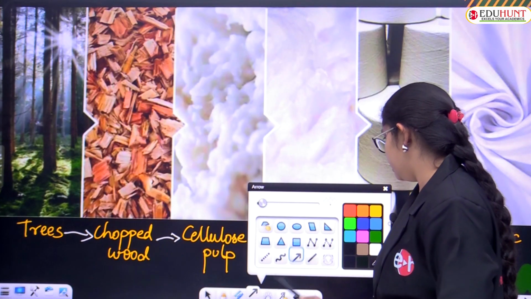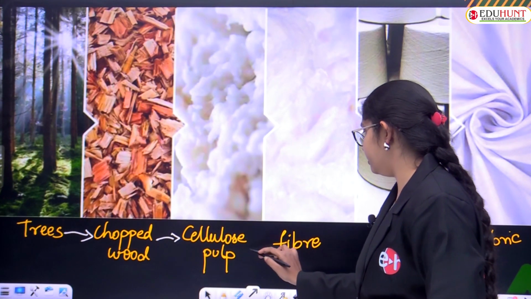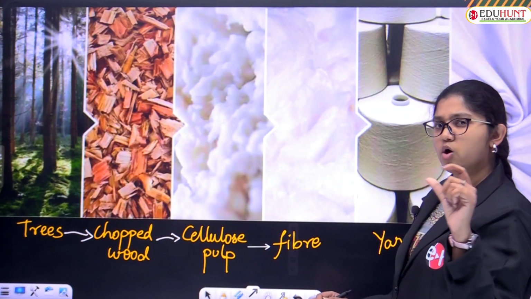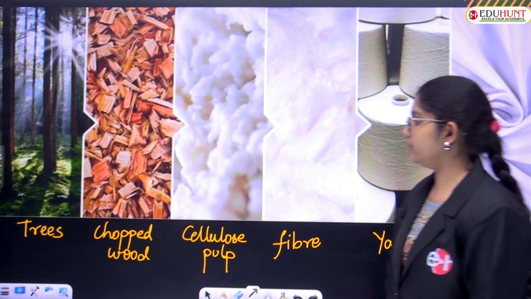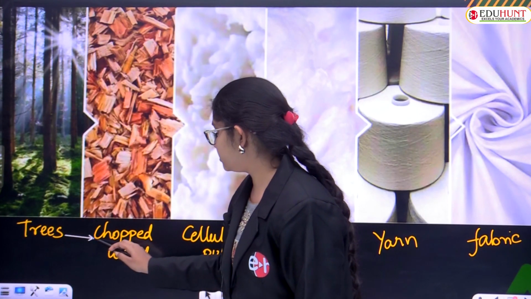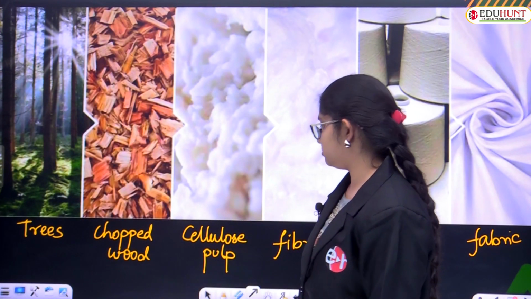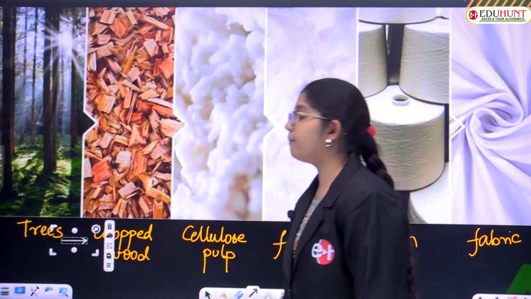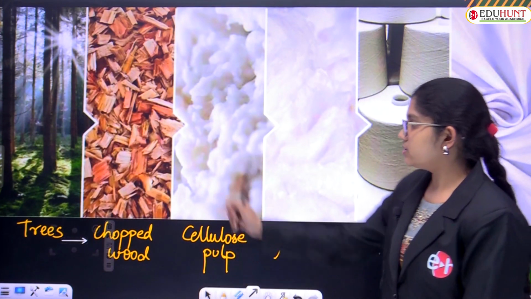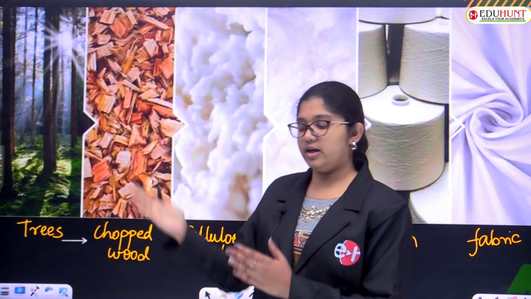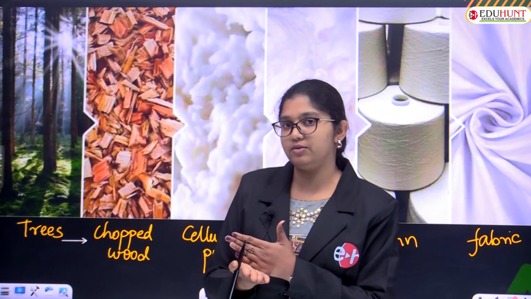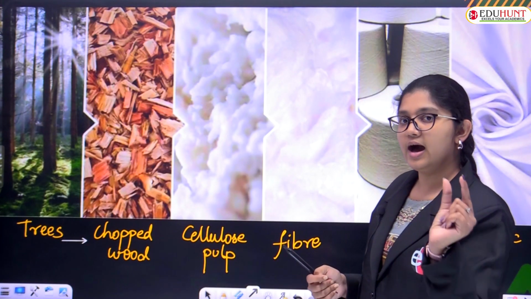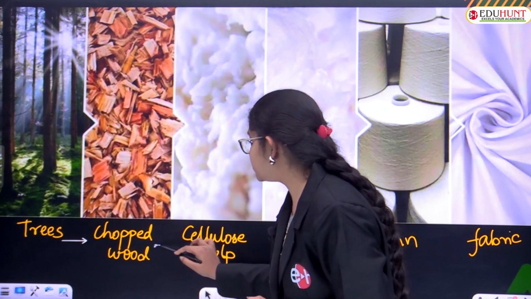From trees, they take wood, children, and chop it into smaller pieces with the help of knives, and these small wood particles are processed to obtain cellulose pulp.